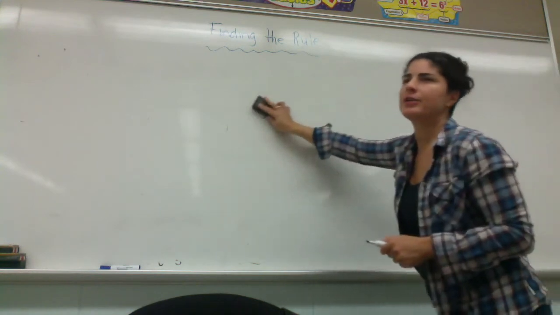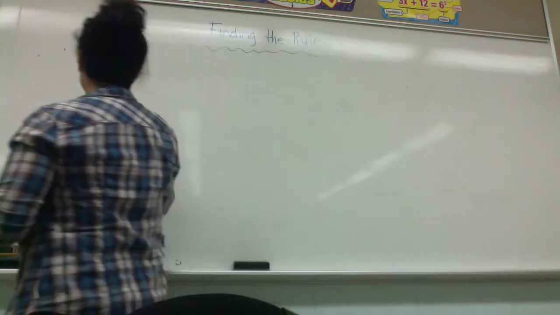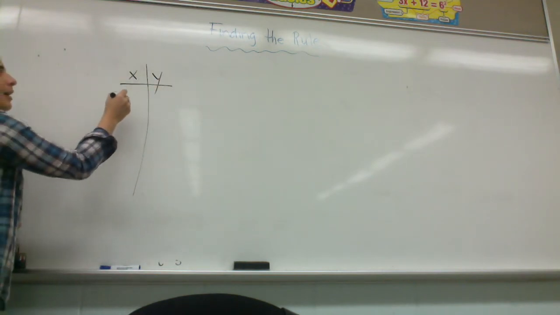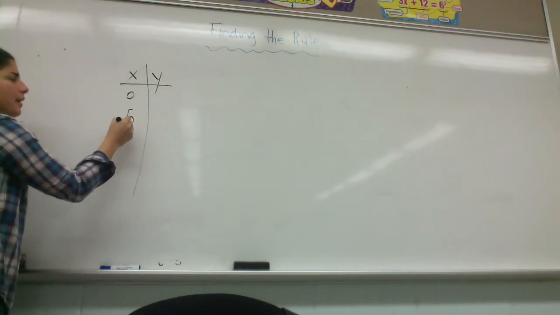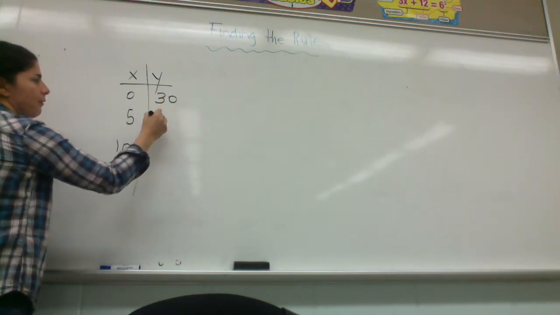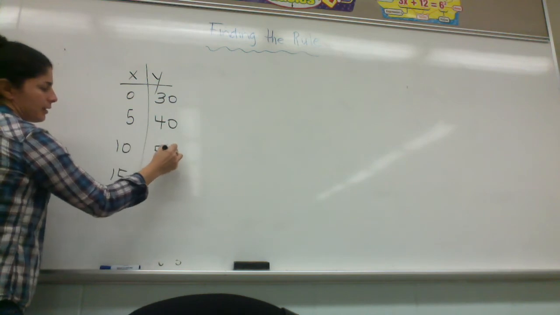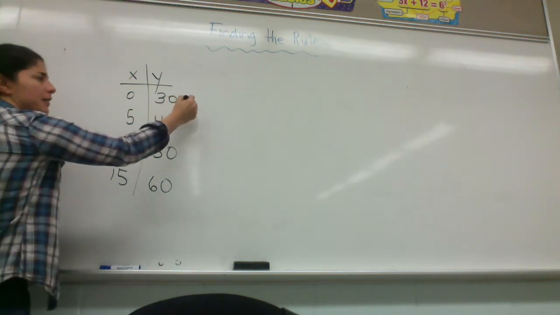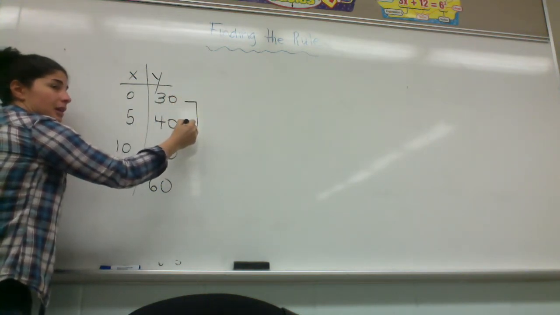Okay, forget finding the rule. Let's just find the common difference. So here's my x, y. How about if I have 0, 5, 10, and 15, and on this side I have 30, 40, 50, 60. What's my common difference? Well, we need to find the difference in y.